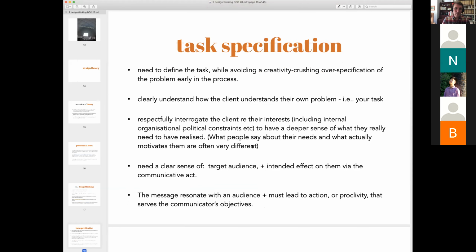At the same time, it's normally done in response to a client who's going to pay you, and they do have a purpose. So you have to specify the task, okay? If it's over-specified in the beginning, if it's too narrow, you're not going to find a whole range of potential solutions. You have to make sure you understand how the client understands what they want. One of the biggest challenges for designers is really cutting through what clients say about their needs and finding what their deep needs are.